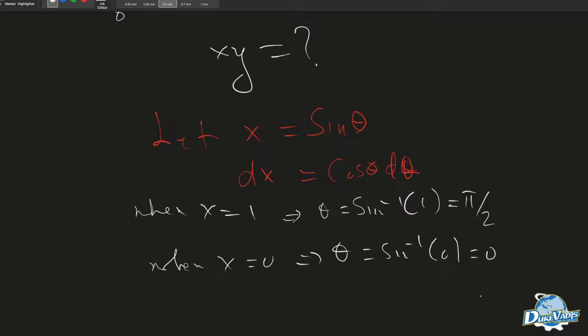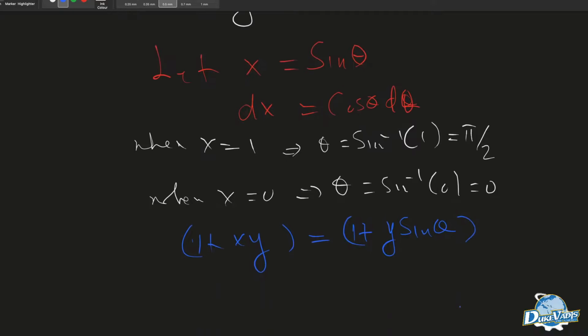Okay, and when we look at the denominator, which is 1 plus xy of the integration given, when we put in sine theta, this one will be 1 plus y sine theta. Then we also saw that we have the square root of 1 minus x squared.